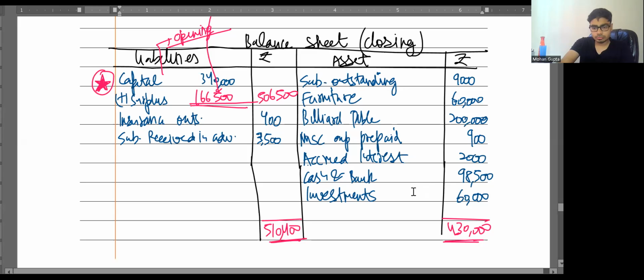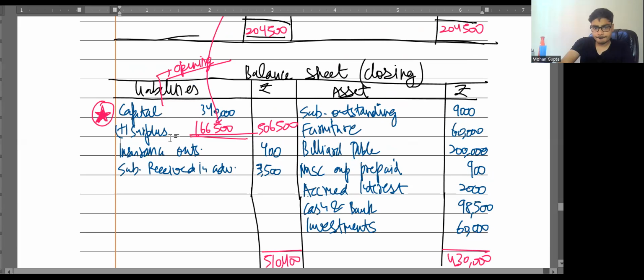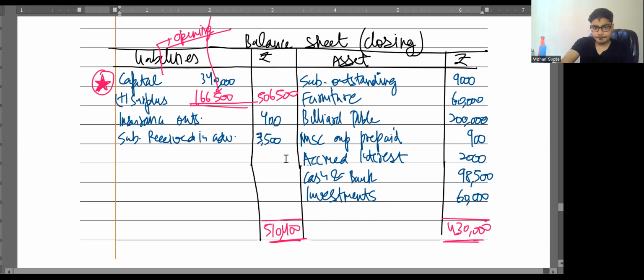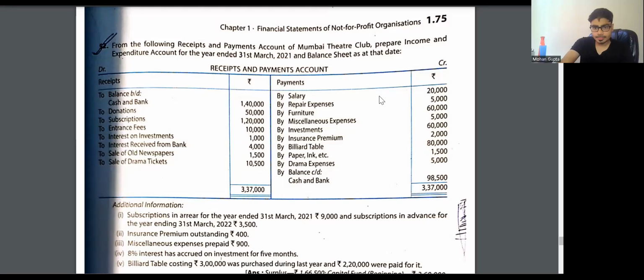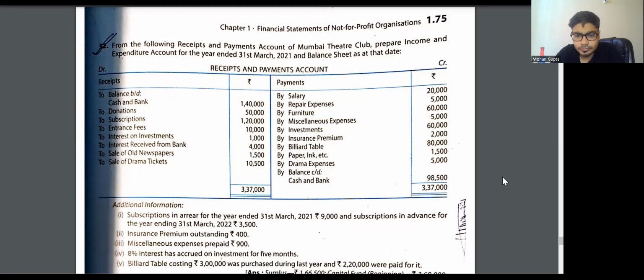So why did our answer not match? Is there any calculation error? Check the asset calculation once again, because this should definitely match.